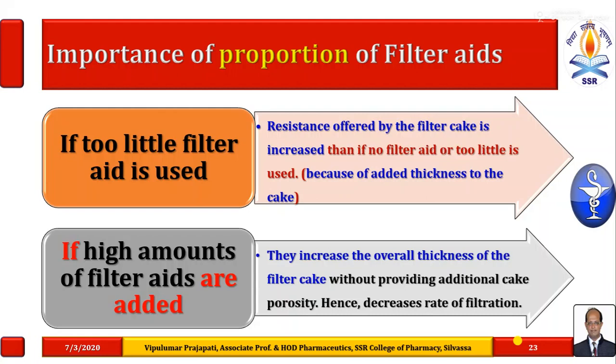They increase the overall thickness of the filter cake developed on the filter media without providing additional cake porosity, and hence decrease the overall rate of filtration, or sometimes stop the filtration. So the proportion of filter aid added, the type of filter aid, its particle size and density are all very important.